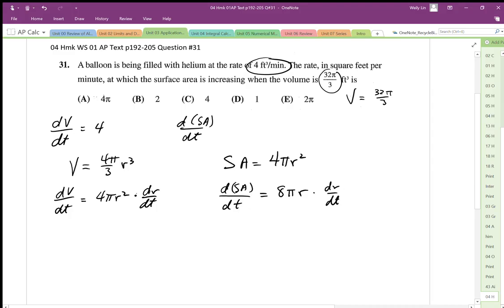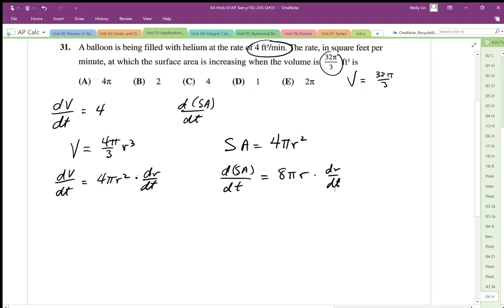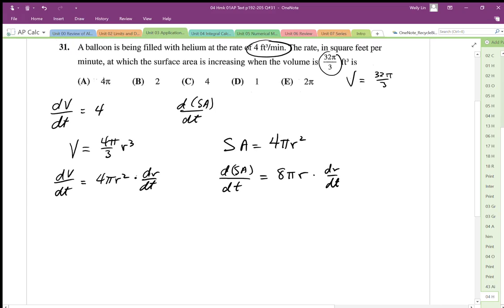And notice that we have a dr/dt that is common to both, and an r that's common to both. I can solve for the dr/dt by substituting in our parts. So 4 is equal to 4 pi r squared times dr/dt. And if I can figure out r squared, I can solve for dr/dt.